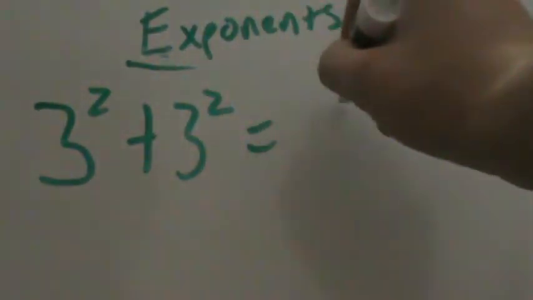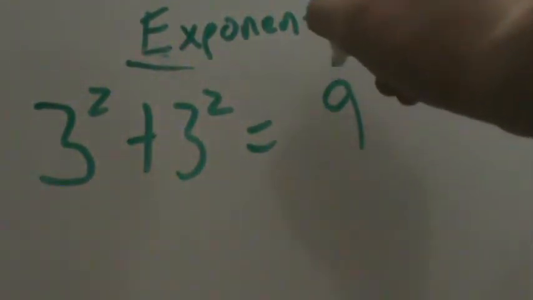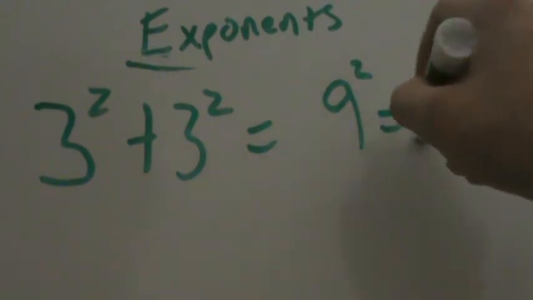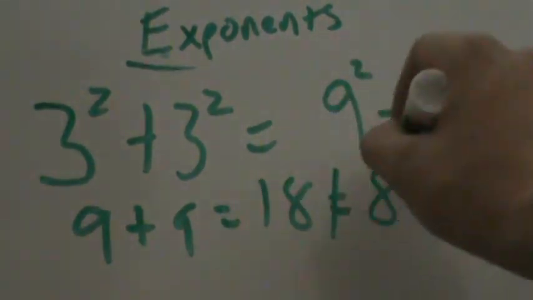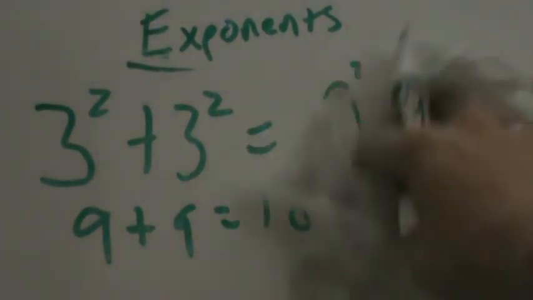I wrote 3 to the second plus 3 to the second equals 9 to the second, which is equal to 81. This is not true. This is 9 plus 9, which is equal to 18, which is not equal to 81. What did I do wrong here? Well, I made a mistake, obviously, and basically this only happens when you multiply. So what this would have to be is 3 to the second times 3 to the second.